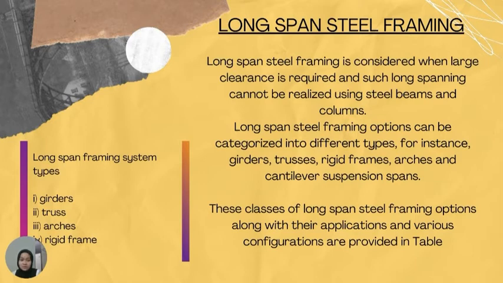For instance, girders, trusses, rigid frames, arches, and cantilever suspension spans. These classes of long-span steel framing options, along with their applications and various configurations, are provided in the next slide.